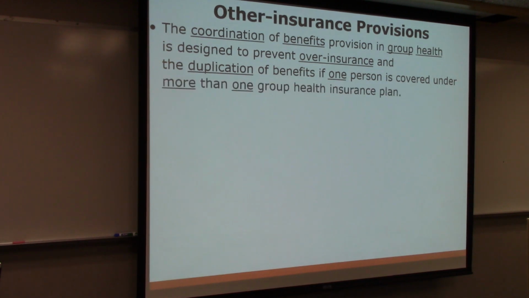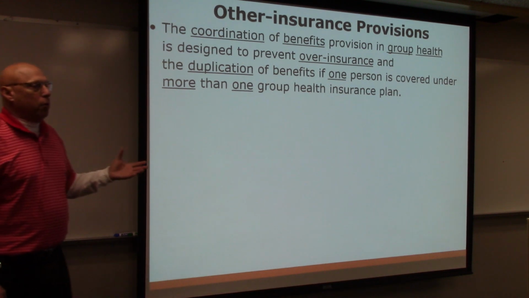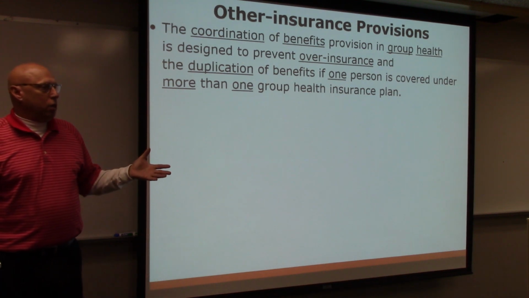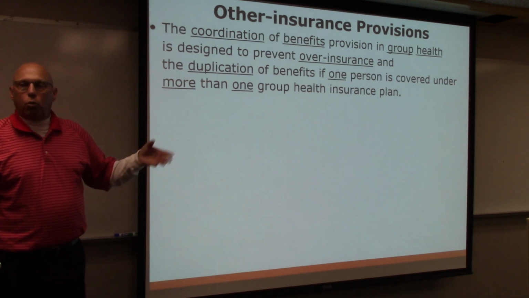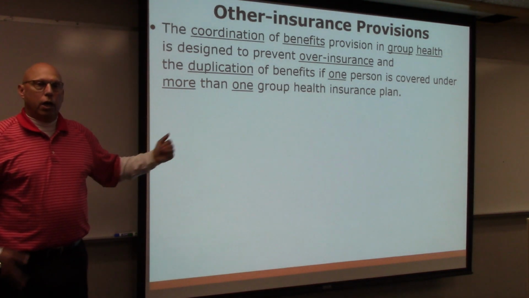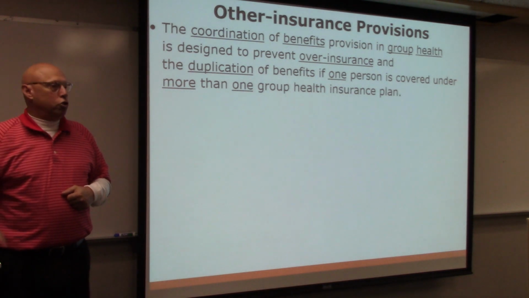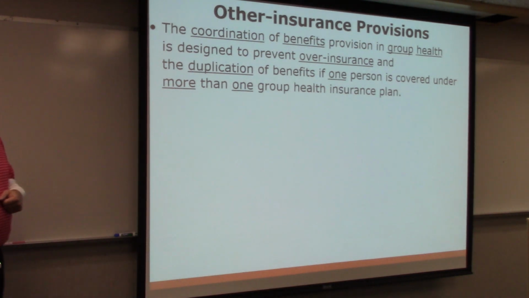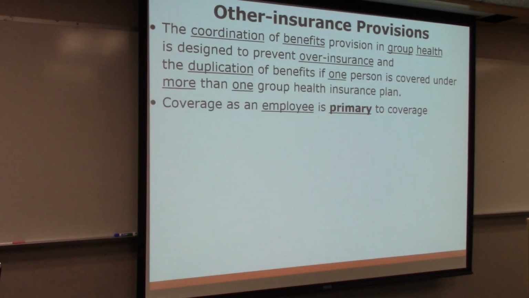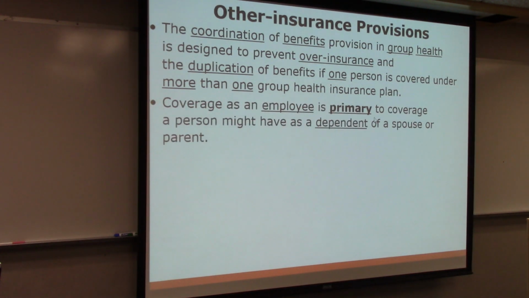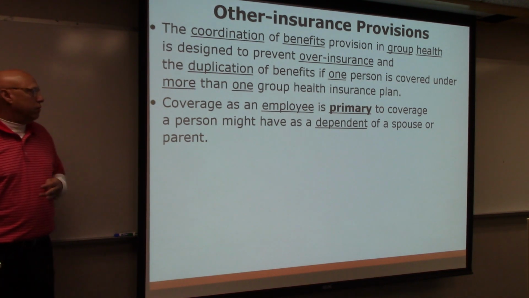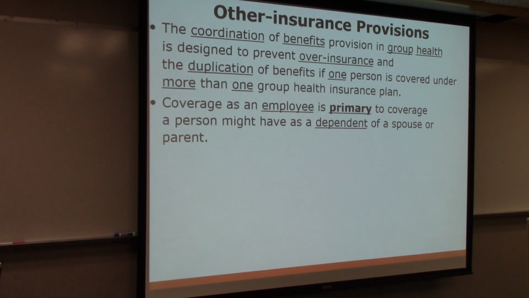This would happen if you have a couple with kids, and mom works at one place and has insurance there, and dad works at a different place and has insurance there. Coverage as an employee is primary to coverage a person might file as a dependent of a spouse or a parent.